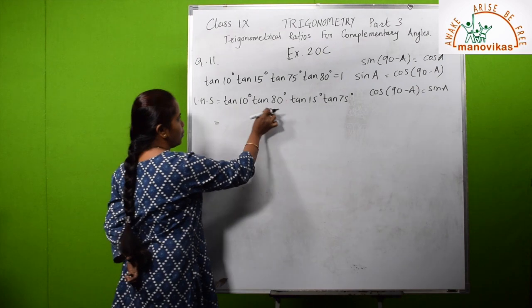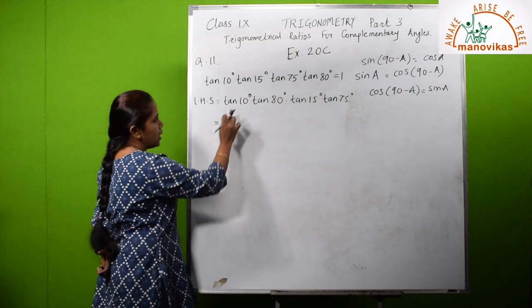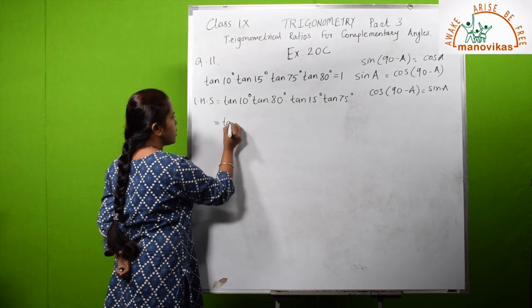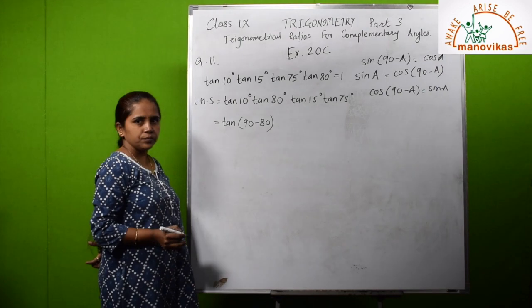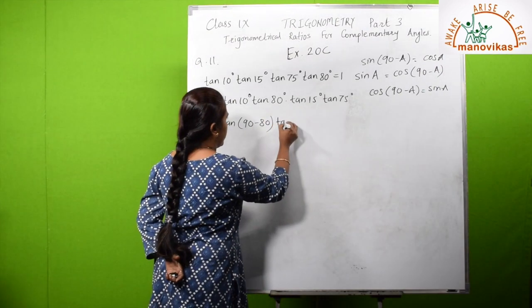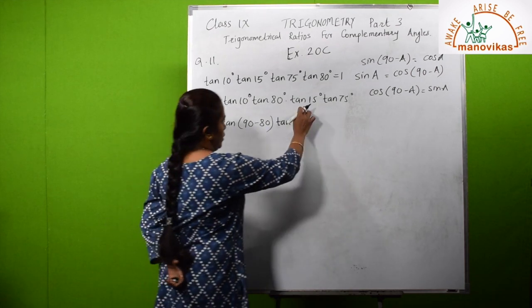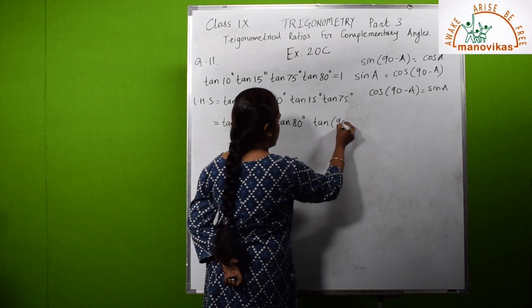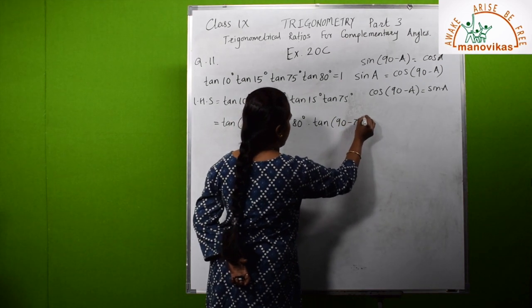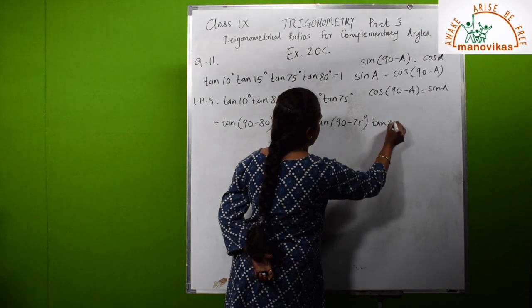Now out of the first two, any one we can change. So 10 we can write as 90 minus 80, tan 80 degree as it is, into tan 15 degree we can write as 90 minus 75 degree, and tan 75 as it is.